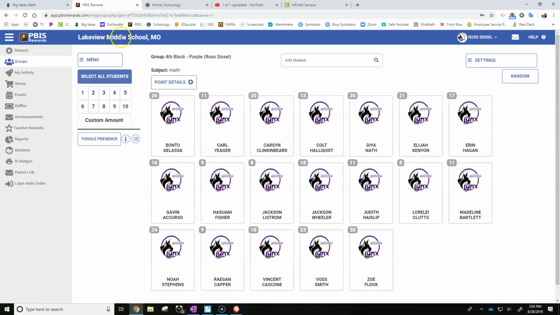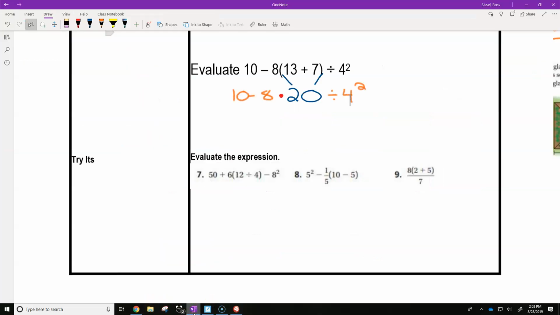So when I solve it, hold on. I am going to work this one real fast, just because there was a question about it. So if I work this one quick, I would next do exponents. So that gives me 16. And I'd have 10 minus 8 times 20 divided by 16.